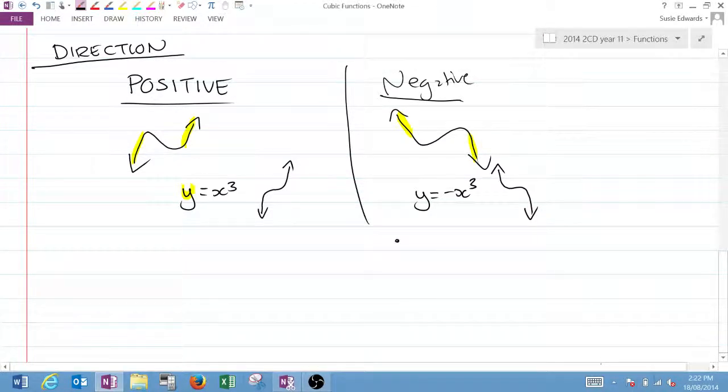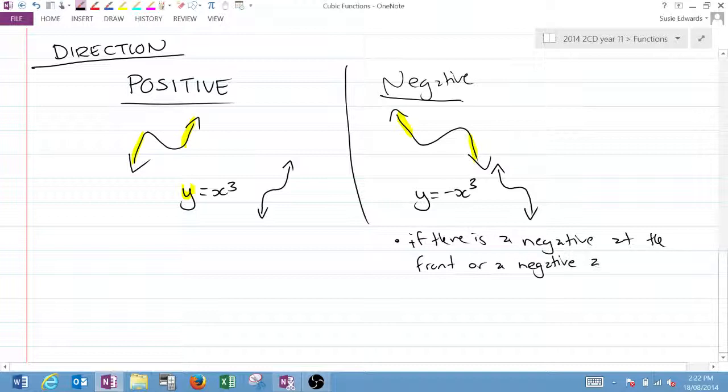Okay, so a cubic is negative if there is a negative at the front, or a negative attached to an x, or to a pronumeral inside.